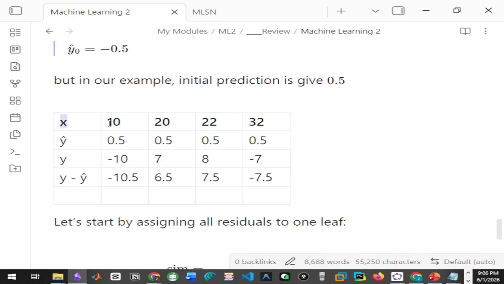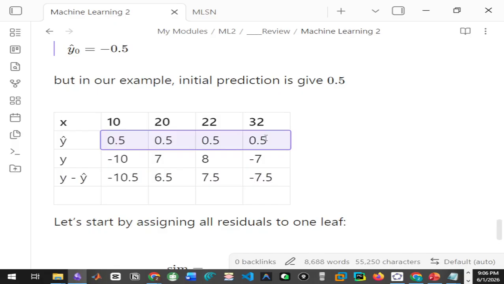So this is the X, this is the Y, this is the dummy prediction, and these are what we call residuals. This is the data set that the decision tree will be built upon. And how do we measure this? It's simply the true value minus the prediction.